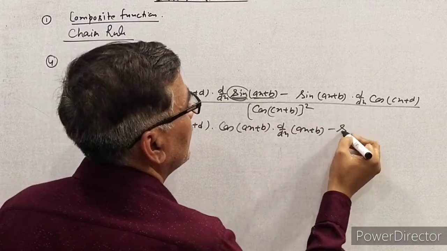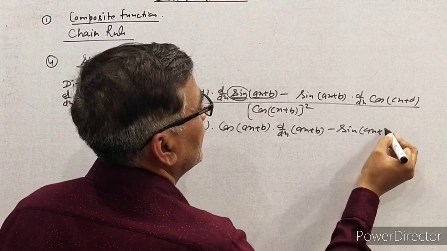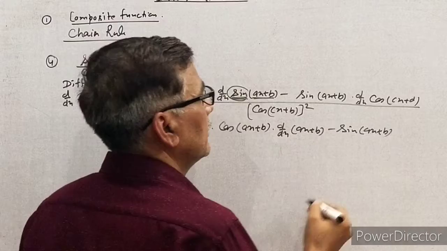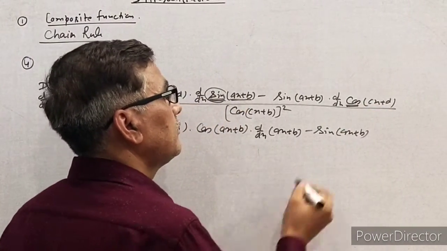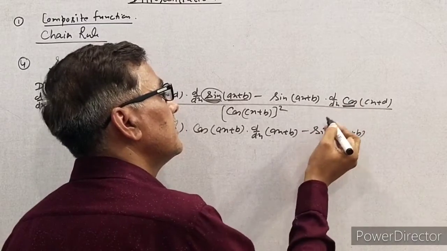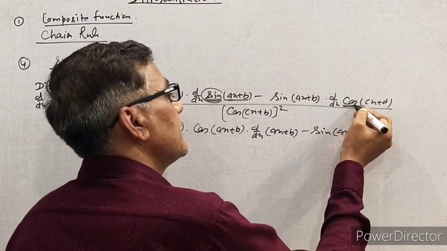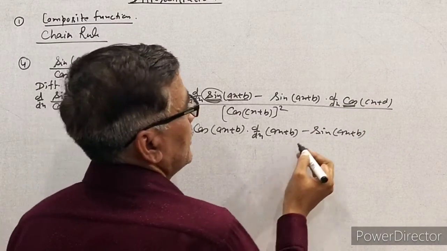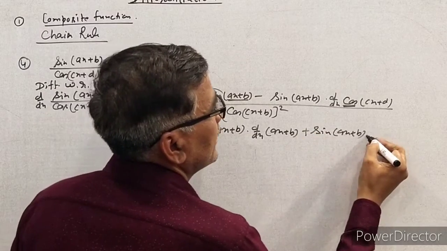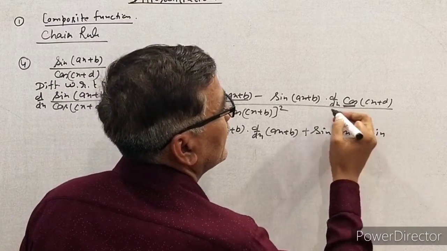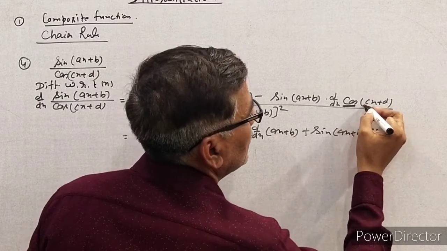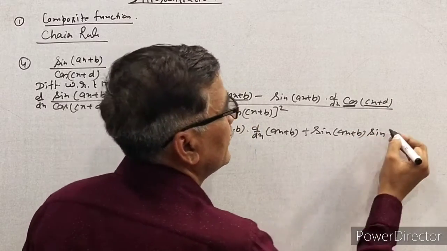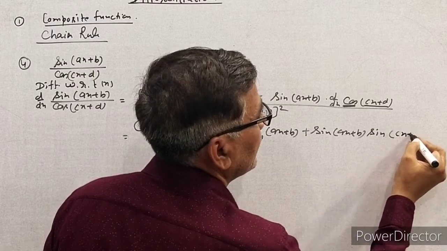Write the sine of ax plus b as it is. Similarly differentiate this one. When we differentiate cos, the derivative of cos is minus sine, so minus minus becomes plus. Here we have to write sine, and when we differentiate cos, this cx plus d is considered as x.